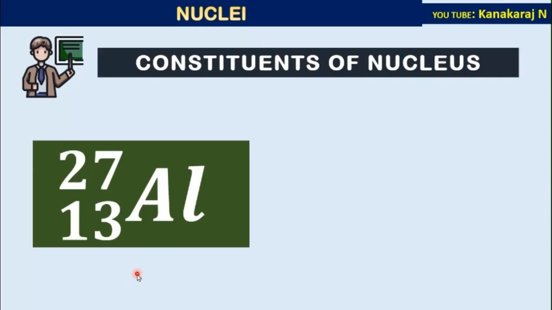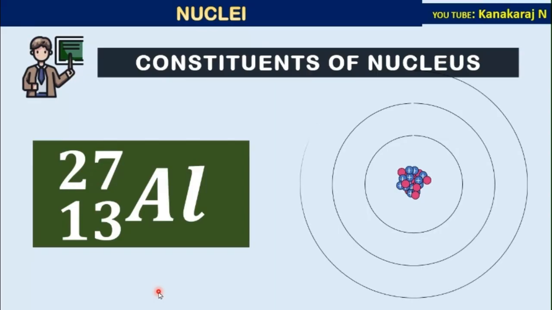There are 14 neutrons. So here you have the aluminium nucleus surrounded by first orbit, second orbit, and third orbit. The first orbit contains 2 electrons, second orbit contains 8 electrons, totally 10. The remaining 3 electrons are in the third orbit.